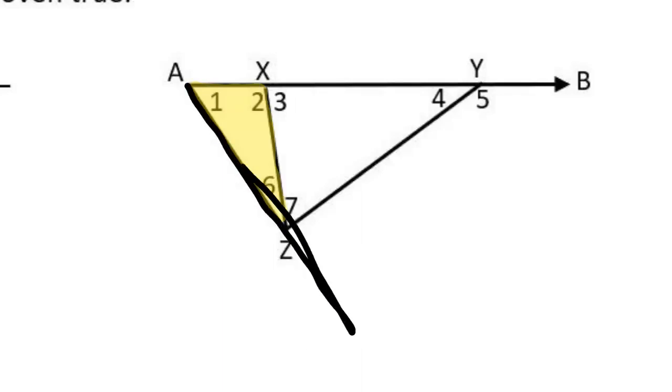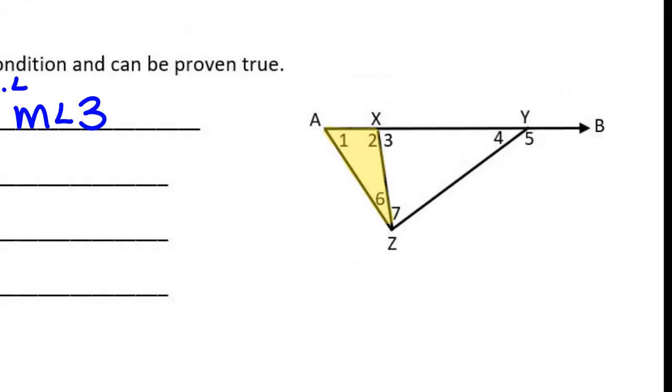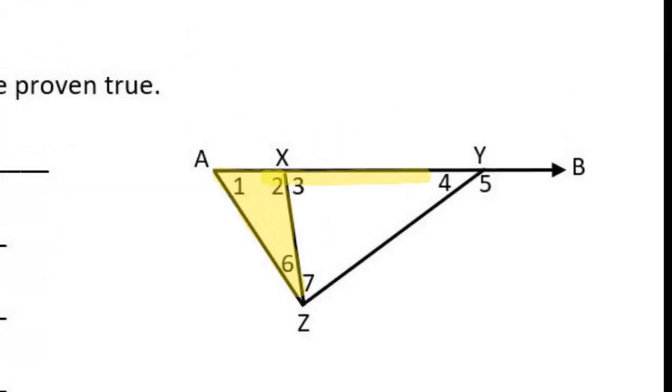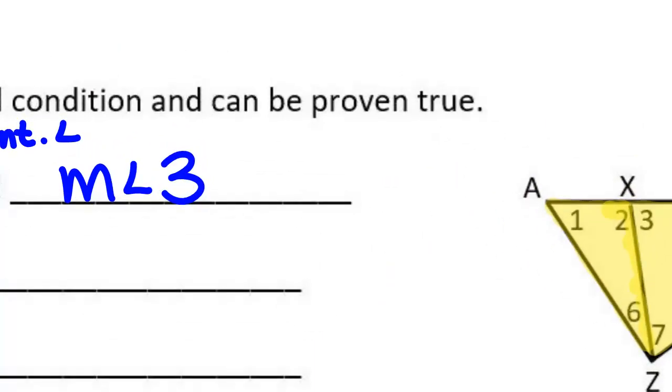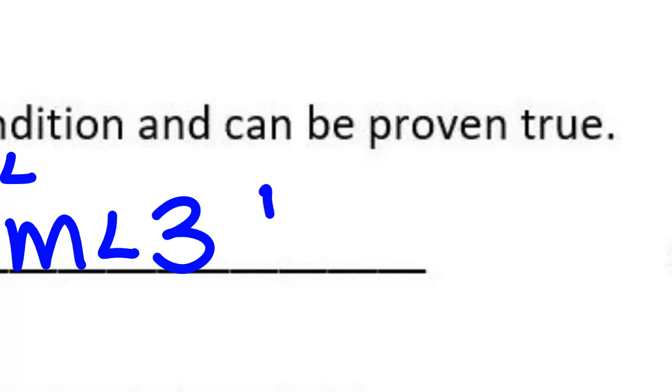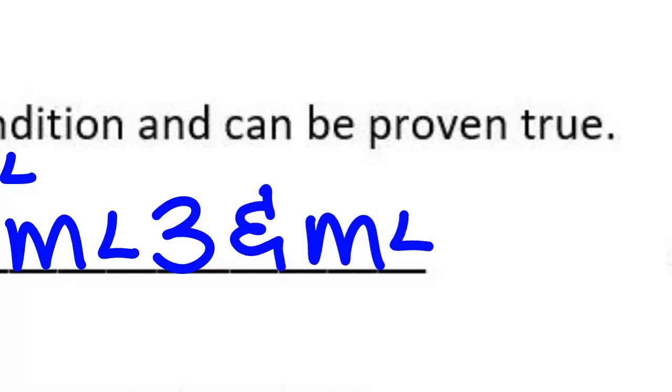So if I'm looking at this side of the triangle being extended out, this whole angle over here would be an exterior angle. Angle 7 is not that whole thing. I don't know if angle 7 is bigger than angle 1 or not. But I do see that angle 1 is also inside of this much larger triangle. Is there an exterior angle for that triangle that I could look at? Angle 5. So angle 3 and angle 5 have to be bigger than angle 1.